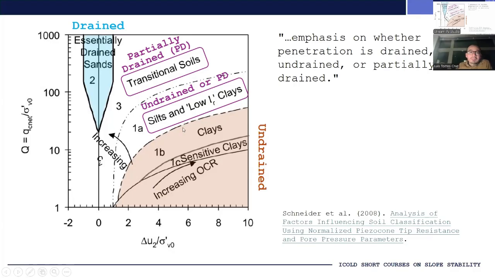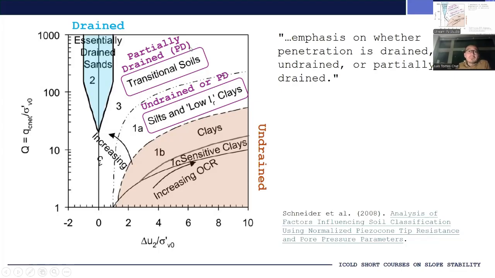However, if your data plots over here, it means that your soil is behaving as a clay, and therefore the CPT was undrained. And what happens if your data plots over here in the white area? Well, it can mean different things. If it plots over here, it means that your soil is partially drained.